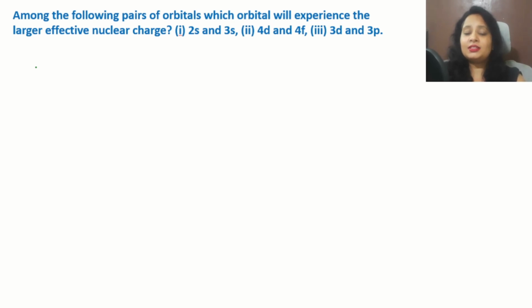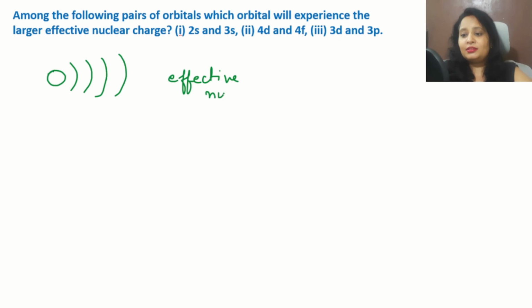Nuclear charge is the charge which is experienced by the electron when the nucleus is pulling the electrons towards itself. Suppose we have a nucleus here, and these are the shells in which electrons are roaming. So we have a relation between the nuclear charge and the distance.